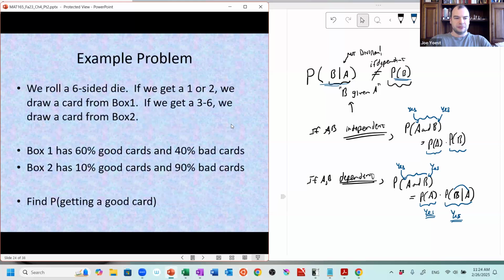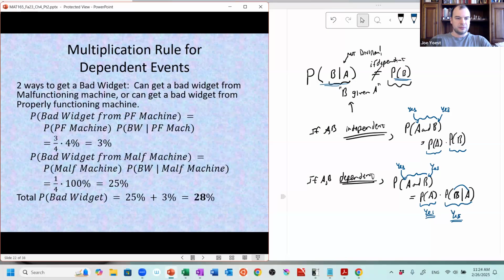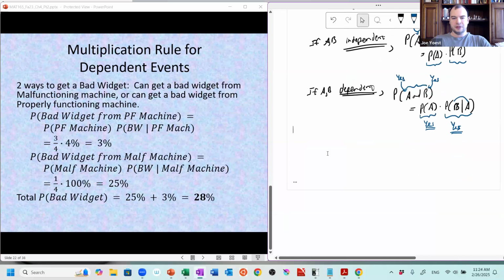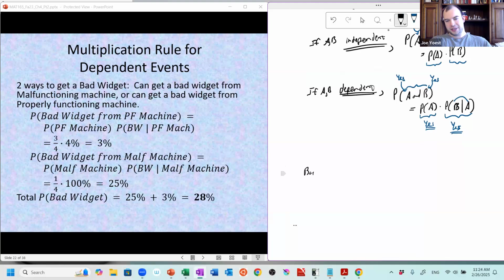So our event, bad widget, which I'll just call bad, I can break into 2 sub-events: bad and came from a properly functioning machine, or a bad widget that came from a malfunctioning machine.